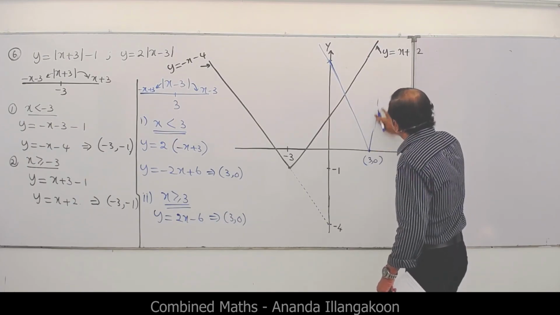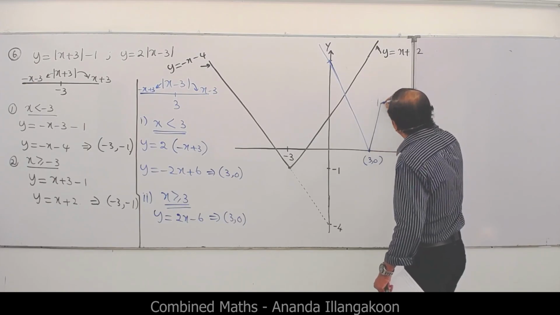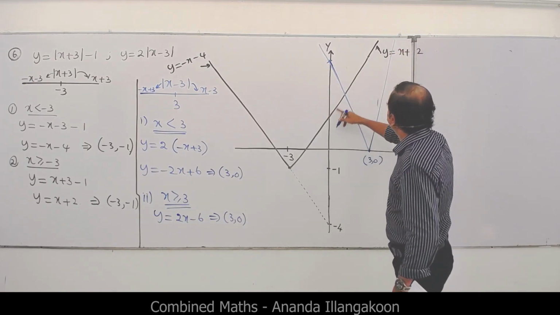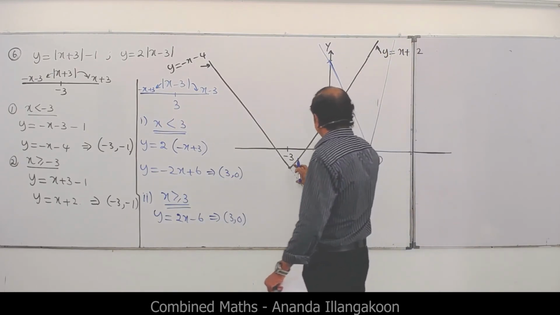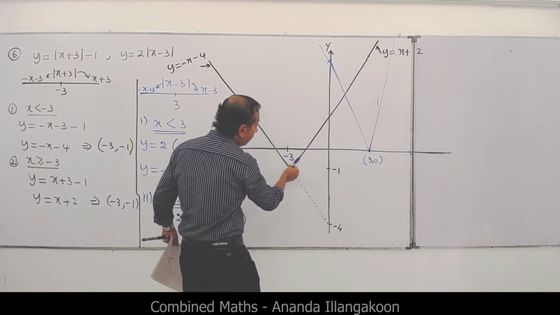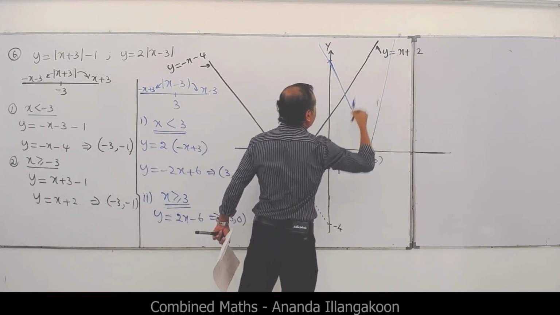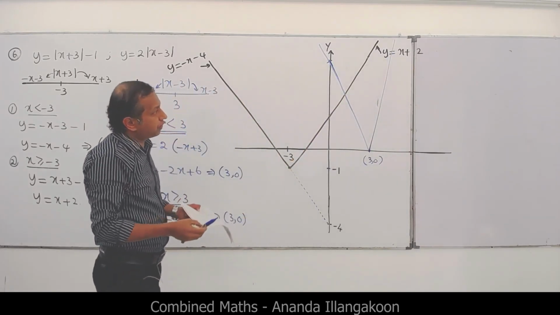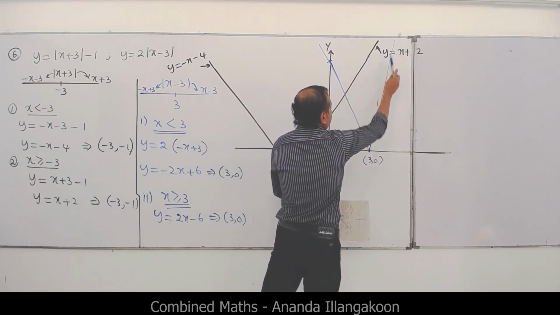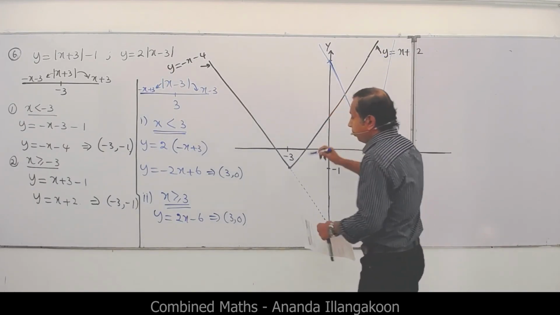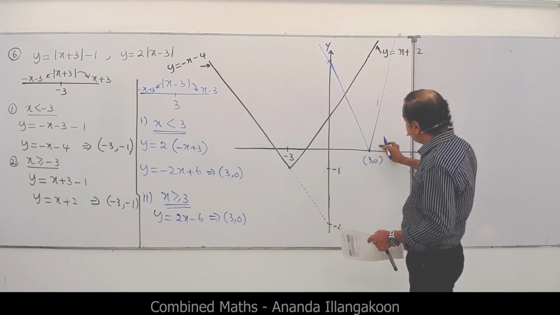They must intersect at 2 points, but in my diagram this line should of course intersect with this. So I will cut it somewhere like this by erasing this, because they must cut each other. Here the gradient is 1. This one, the equation 2x minus 6, has gradient 2.